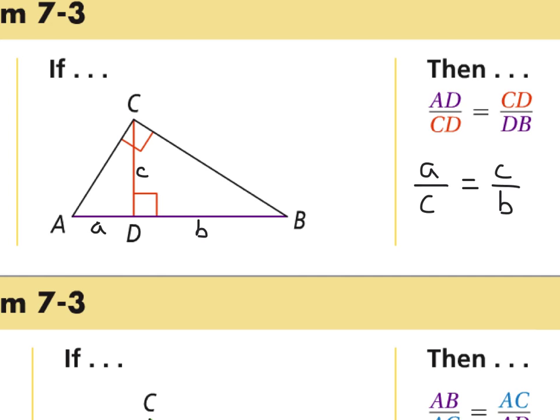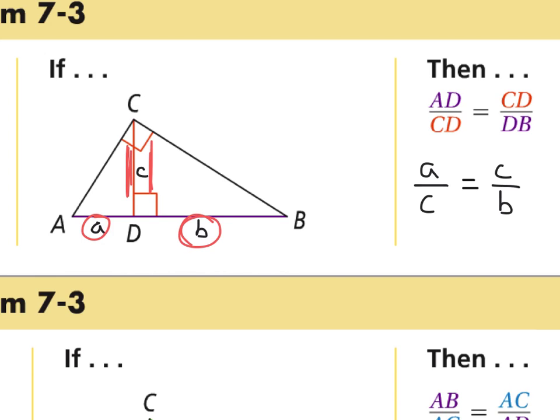So A over C equals C over B. That's what they're having us do. Please make sure you copy that down, because that is going to be a little more straightforward for you to figure out than the other one. One segment of the hypotenuse corresponds to the altitude, and then that altitude corresponds to the other length of the hypotenuse.